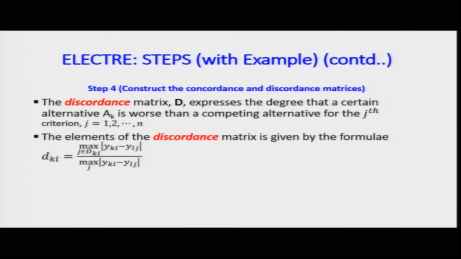You will find the maximum distance or maximum value over all the sets you are comparing, and then divide by the maximum of the whole so-called population which you have. I am using the word population in a very general sense. These ratios would give you the values of the discordance set, or my matrix elements.